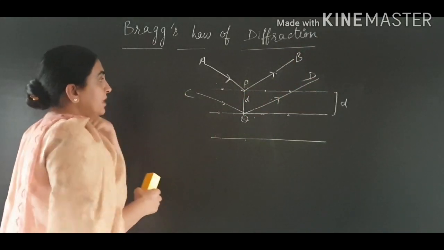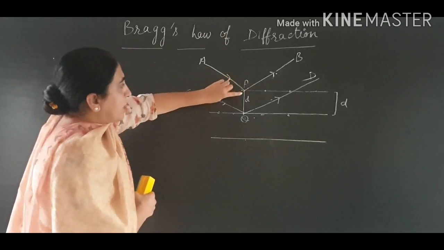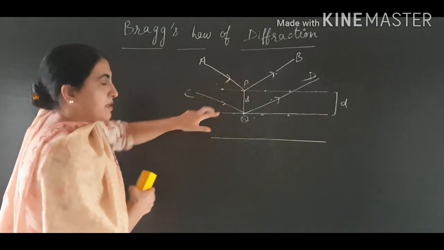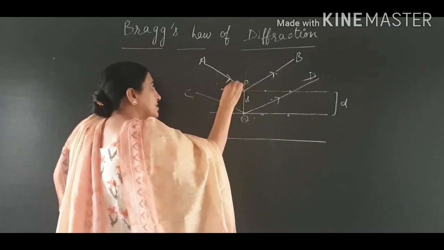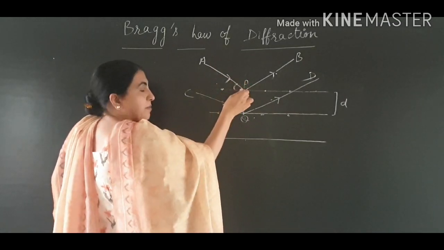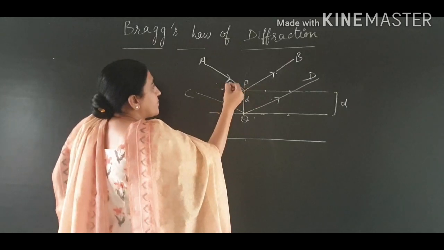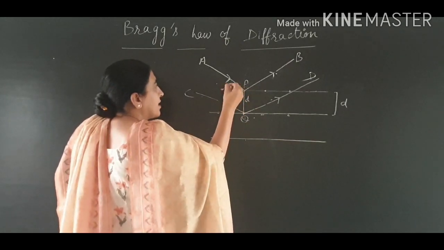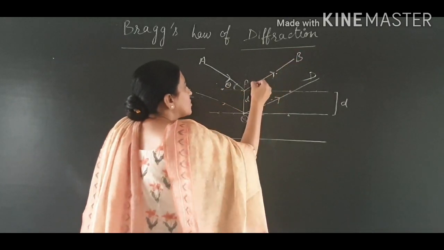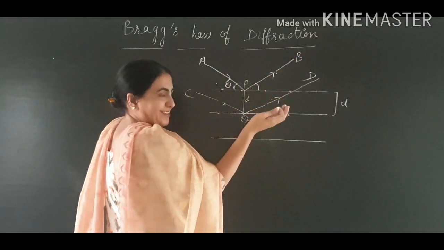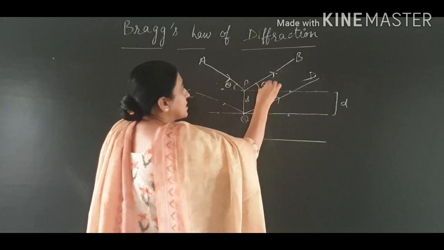Now draw a perpendicular from P to this. Take the angle which this incident ray makes with this parallel plane. This angle is theta. This angle is also theta, and this you can also say is reflected, this is also theta.